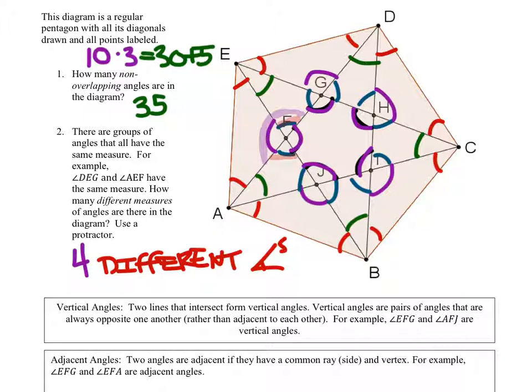So they're just right next to each other. A lot of these different ones are next to each other, right? Like this one, EGD, is adjacent to DGH. And you probably notice with adjacent angles that they always share two of the letters. Again, that's because they share a side.